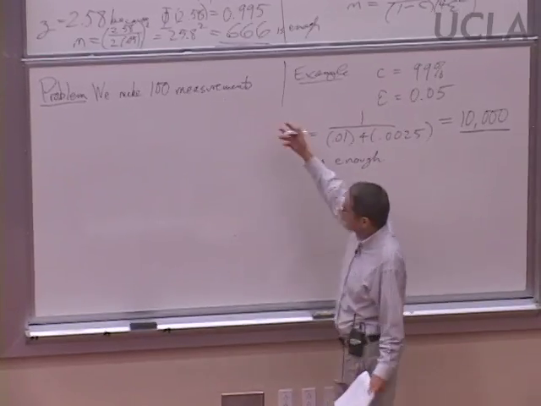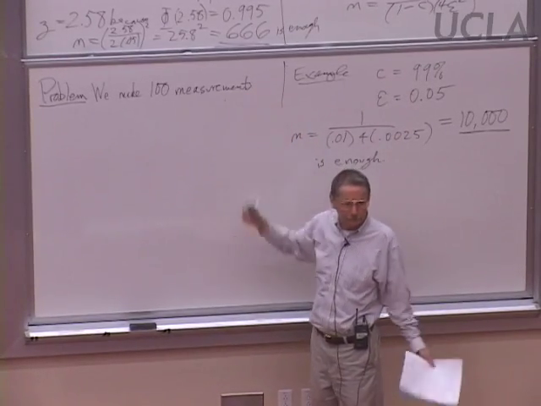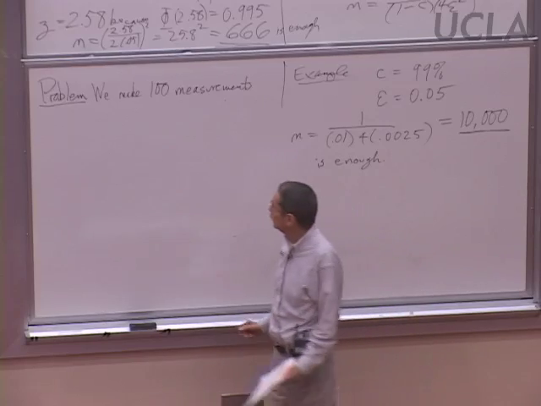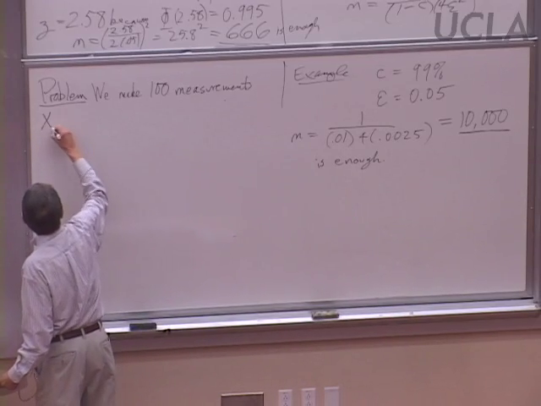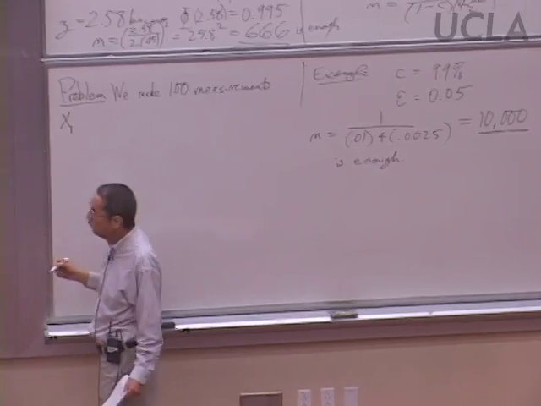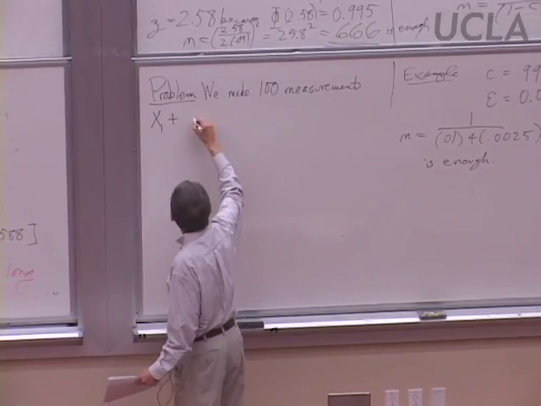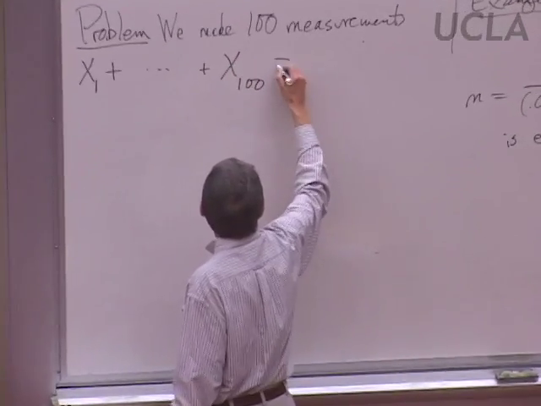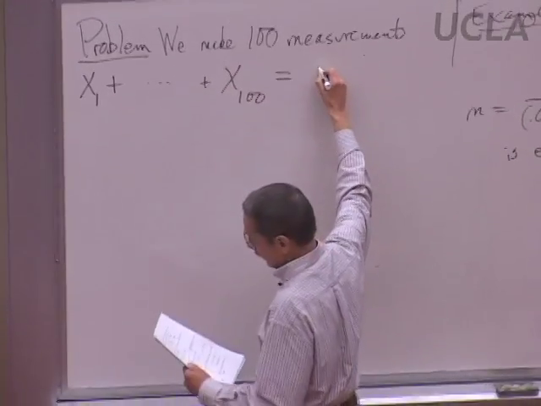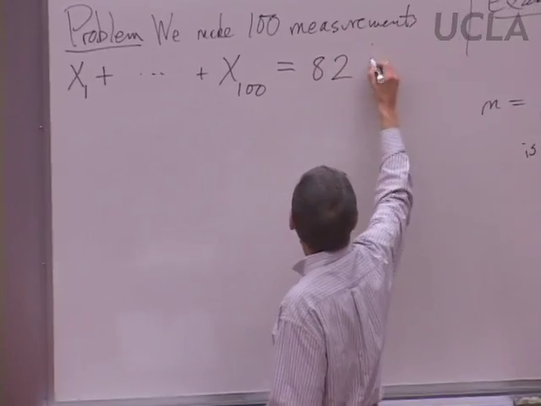And we try to get some random sample so we have independence, and so forth. So we get these 100 measurements, x1, x2, up to x100, and suppose they add up to 820.